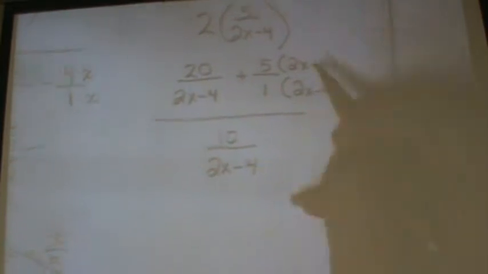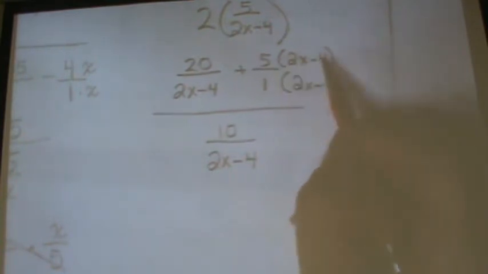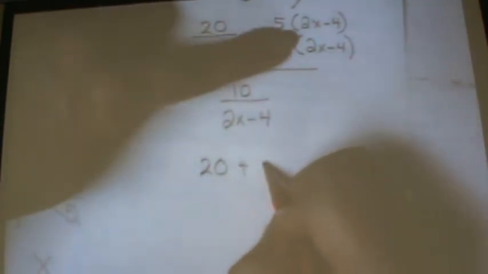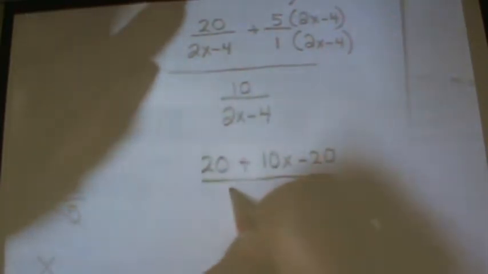So what do you get here? 10x minus 20, so you have 20 right here, already there. 20 plus 10x minus 20 over 2x minus 4, over 10 over 2x minus 4.